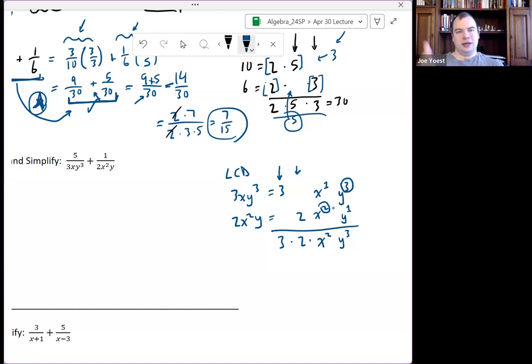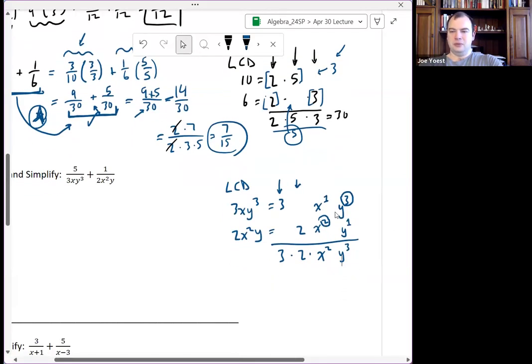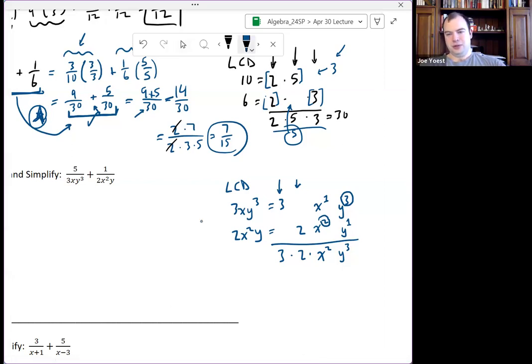Or if I had y, another factor of y, and a third factor of y, I'd have 3 y columns that I would want to bring down. So if you're thinking of this column method for finding LCDs with numbers, we're really just taking each prime factor in some sense raised to the highest power that we see in any of the denominators. So in this case, we need two factors of x to respect this x squared, and we need 3 factors of y for that y cubed.